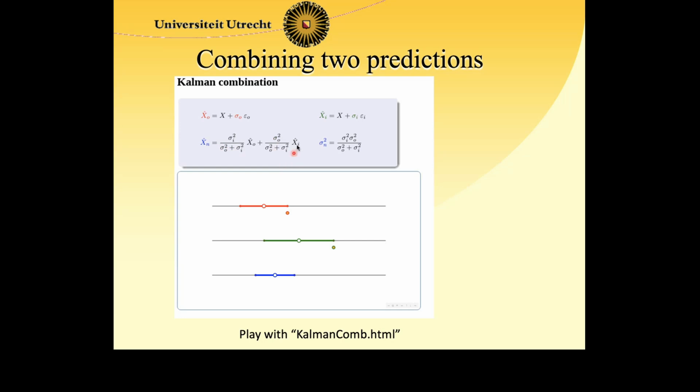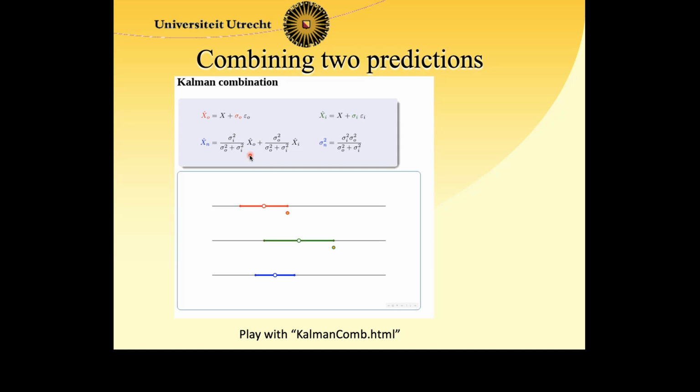So the larger the variance of I compared to the variance of 0, the more weight x0 gets, and also the inverse. If the variance of x0 is very large, then you can see that this one gets more weight.